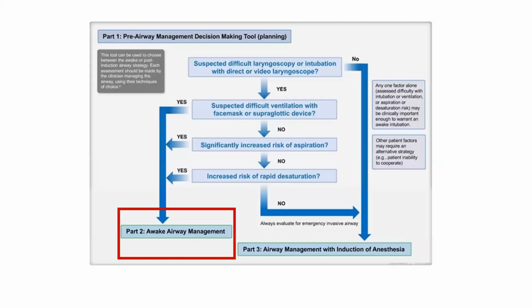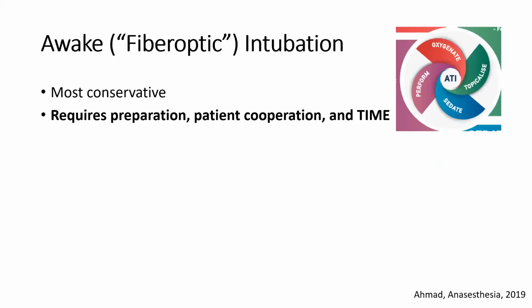And then I want to talk about the other side of the algorithm, which is awake airway management. So these are for patients who you highly suspect are going to be difficult, so you choose to manage their airway when they're awake. The standard that we typically talk about is awake intubation. We call it awake fiber optic intubation, and really it's now a digital scope, so it's not really a fiber optic scope.